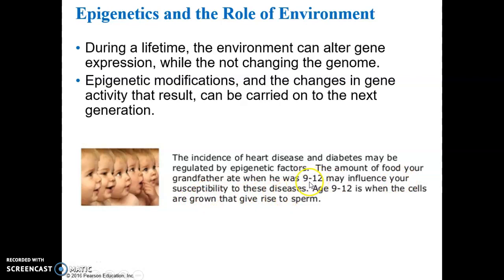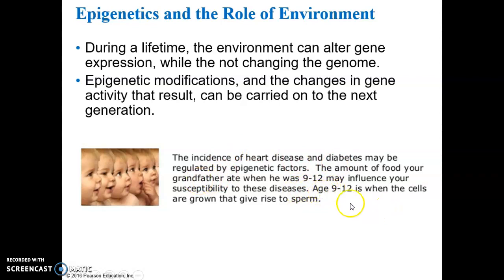If they ate really fatty foods during this period of time and were, say, heavy, that could cause a higher incidence of heart disease and diabetes in you, even though this was occurring to your grandparents.